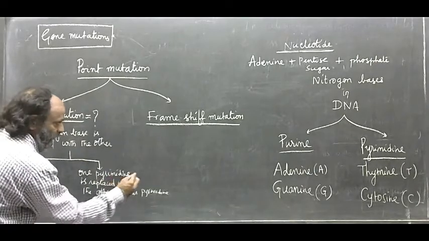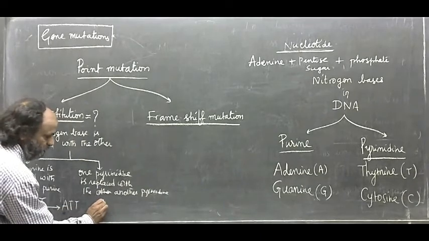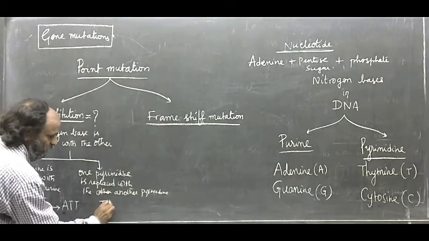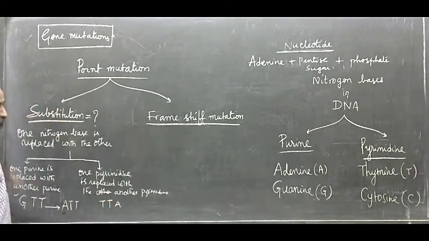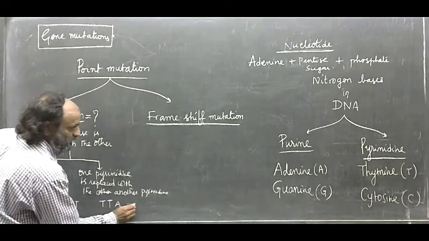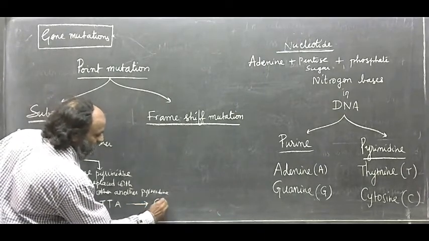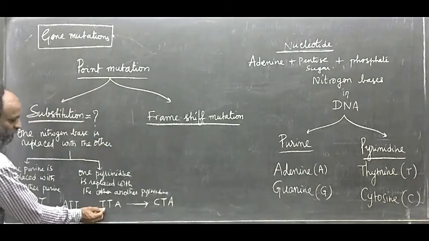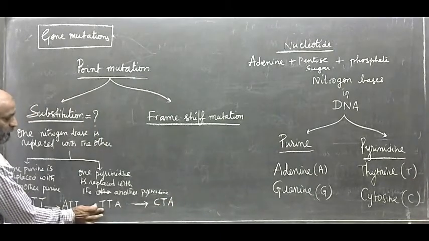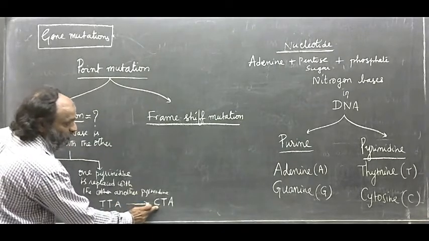Then one pyrimidine by another pyrimidine, for example, ATA becoming ACA. In this case, thymine is a pyrimidine, and it is replaced by another pyrimidine, that is cytosine.